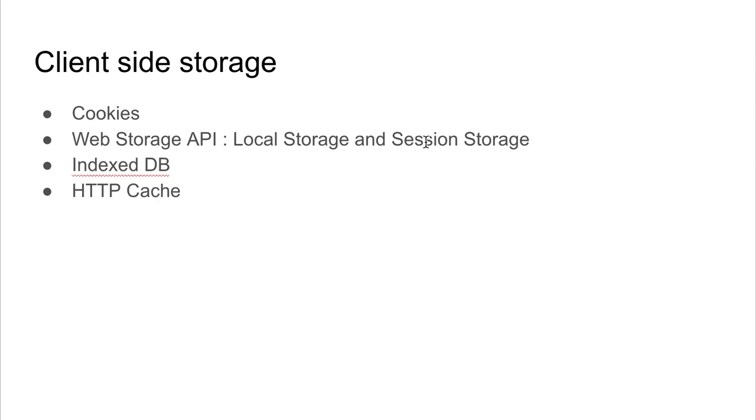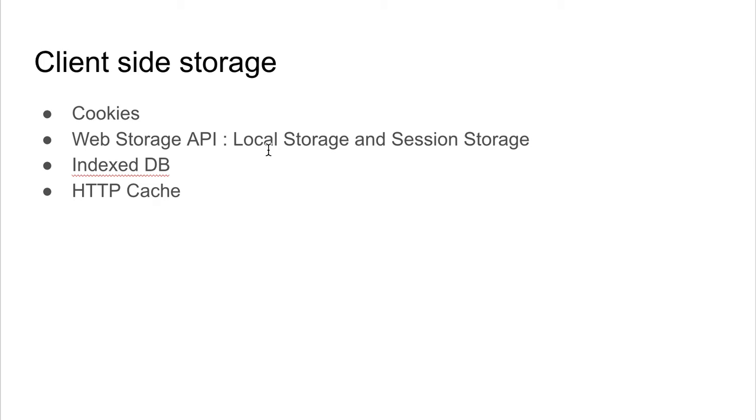So when a user is visiting your website and the tab is still open, then that storage would be there. Once it's closed, it's going to be flushed. Or you can even have local storage, where even when the user is visiting your site for a second time, the data that he had before would still be there.